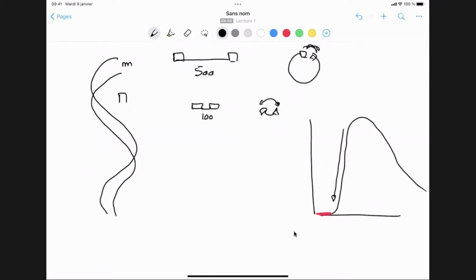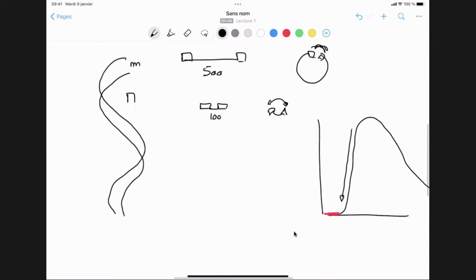What's happening is that, and last point, one turn of the helix is 10 base pair. So we have one turn every 10 base pair of DNA.